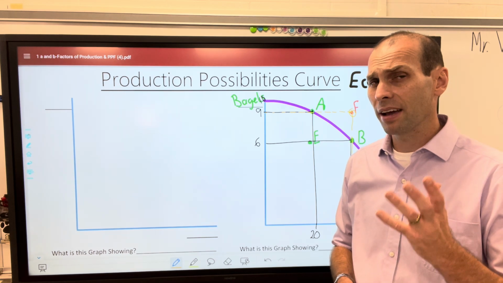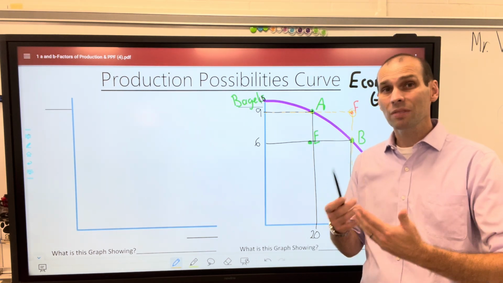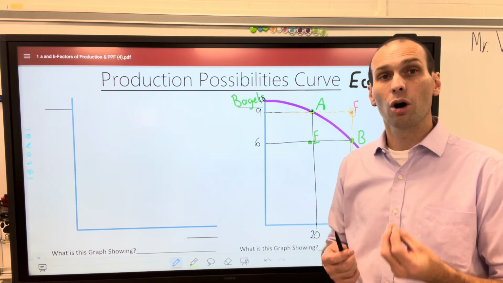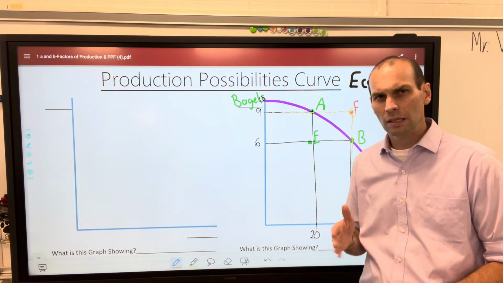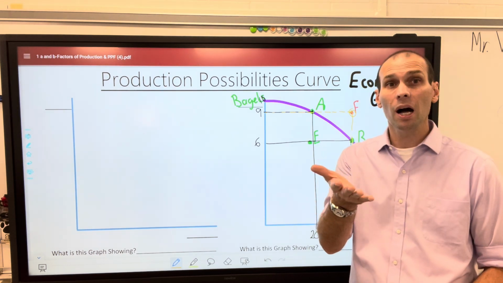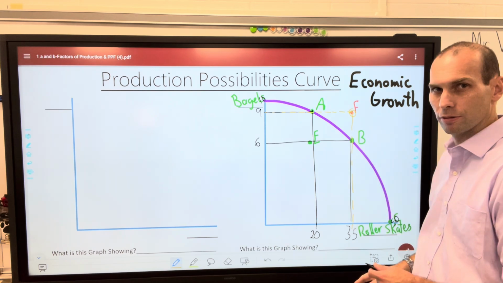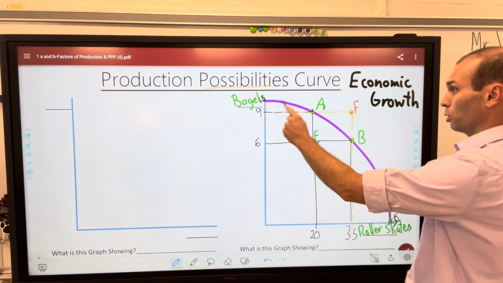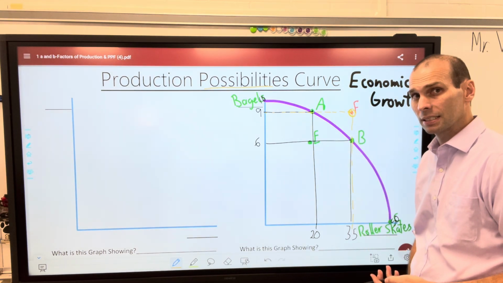So what must have happened here? Quick answer is something in our economy changed. We're producing more than we thought was possible. Okay, but if something's impossible and you do it, well, then it must be possible. But this has to make us rethink this curve. This curve is production possibilities. This shows us what's possible, but we're out here doing the impossible.